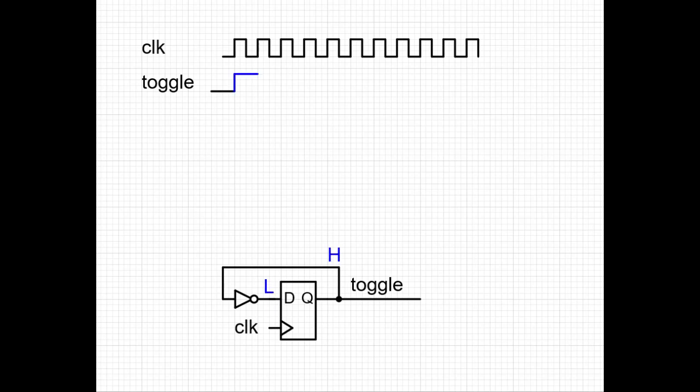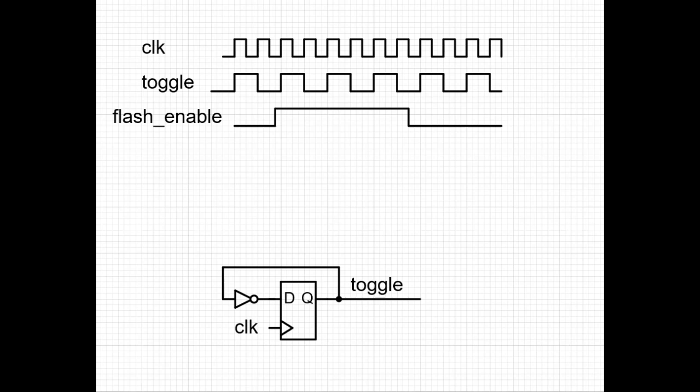Thus, on the next rising clock edge, the output goes high and the input low. You can see what's going to happen. Each clock edge, the output is going to change state, and you can see why we called the output what we did. The result is a square wave that's half the frequency of the clock.